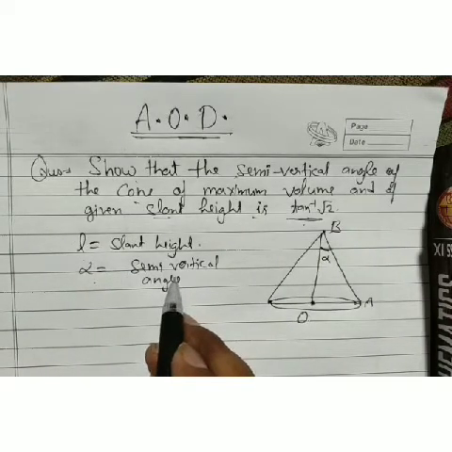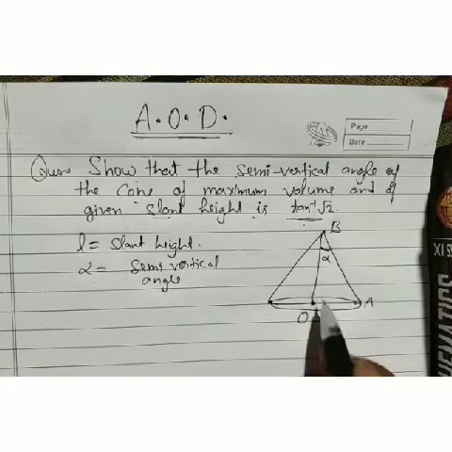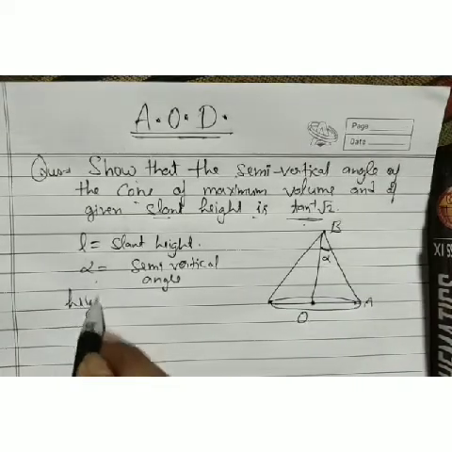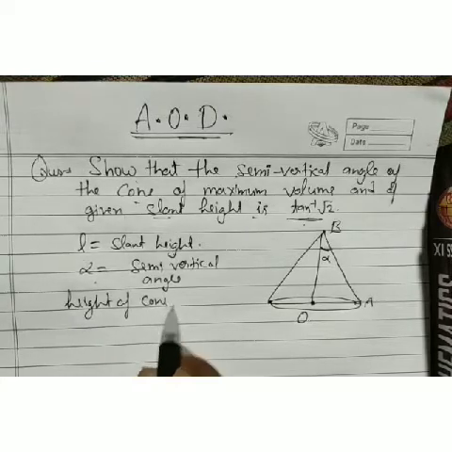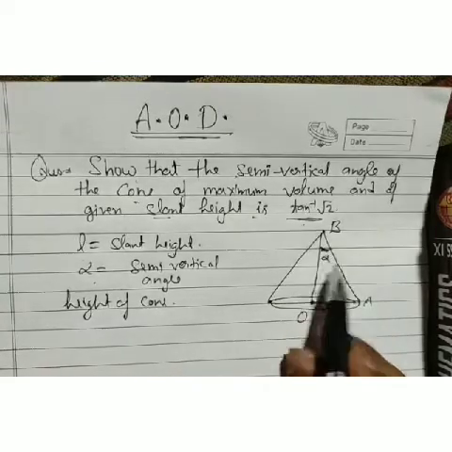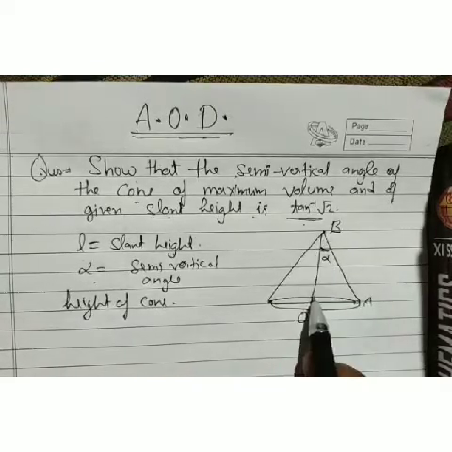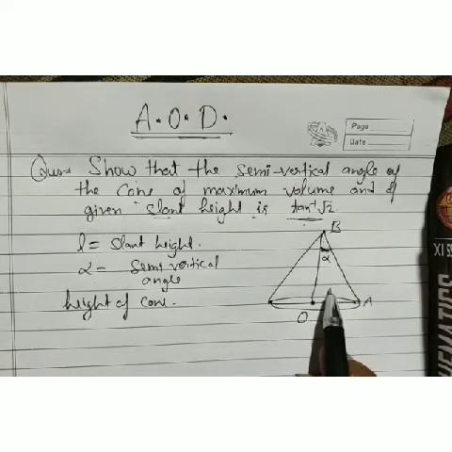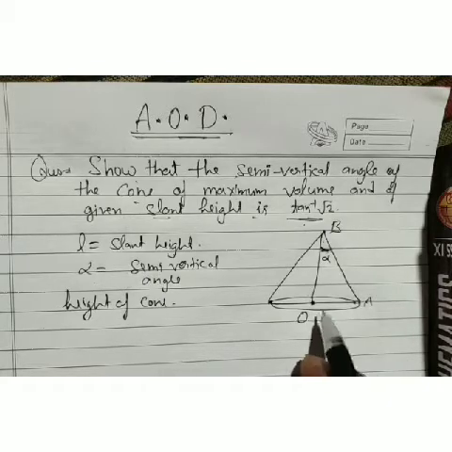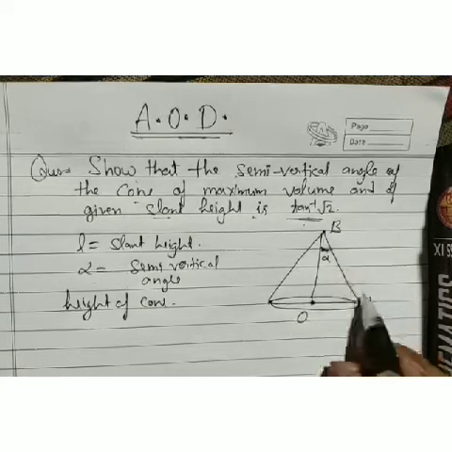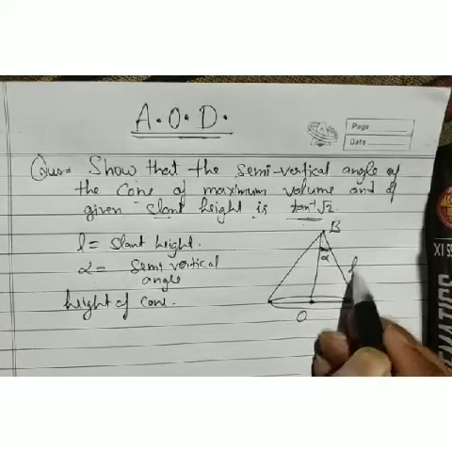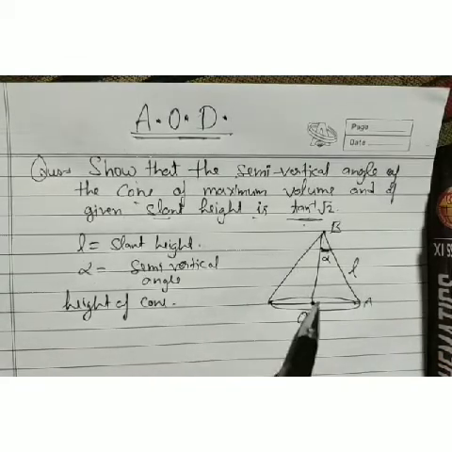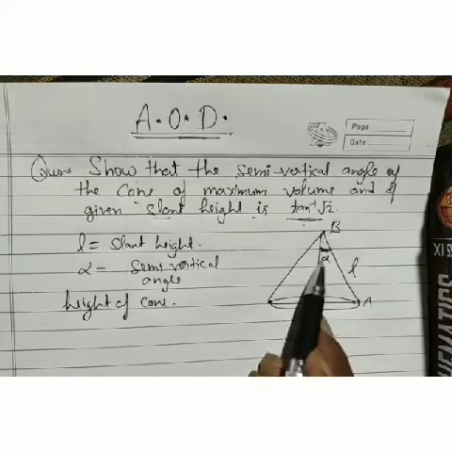Now first of all we find the height of the cone. Our OB is the height, so we have to find OB. Then we can use trigonometry. AB is our slant height L. We are going to find the height with respect to L. This is 90 degrees, so it's a right angle triangle.